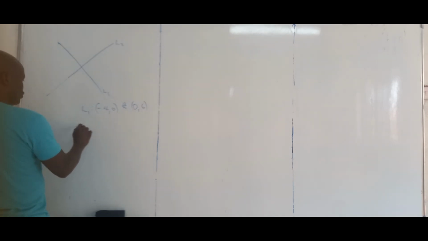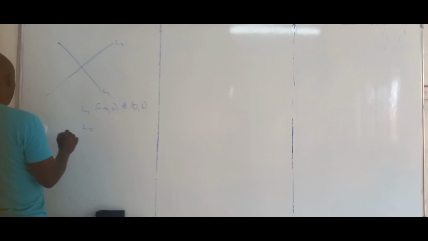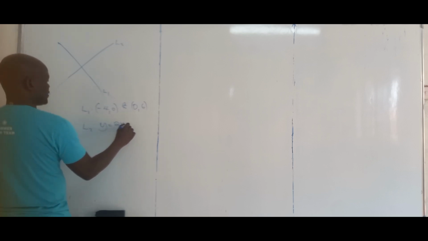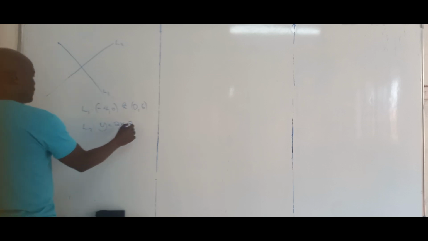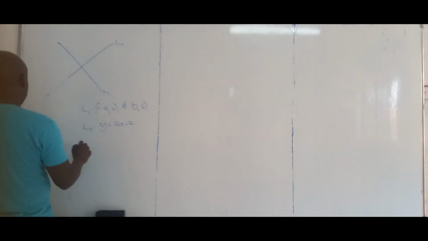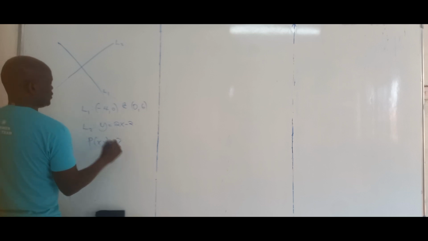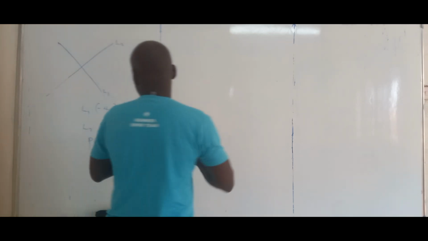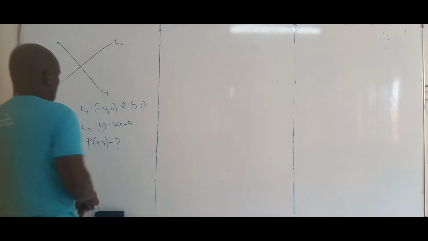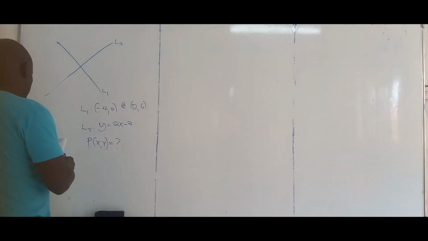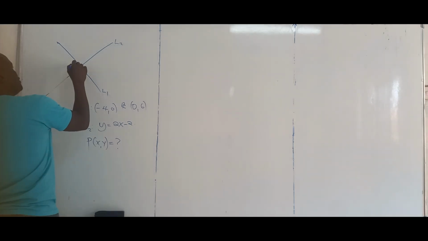Given that L2 has the equation y = 2x - 2, find by calculation the coordinates of P. So they intersect at P. So P is here.